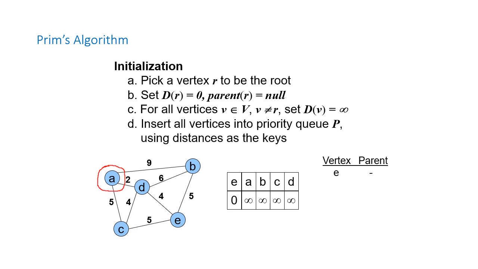Then we set the parent to null, because we know that there is a root, therefore there is no parent. And then we assume that A has all the connections possible from the undirected graph.